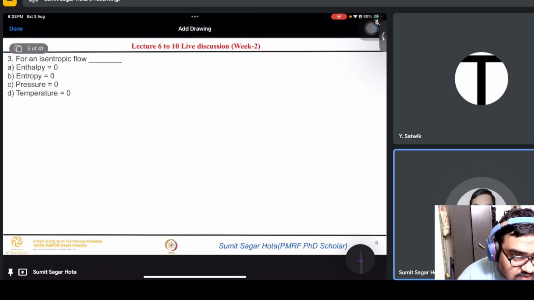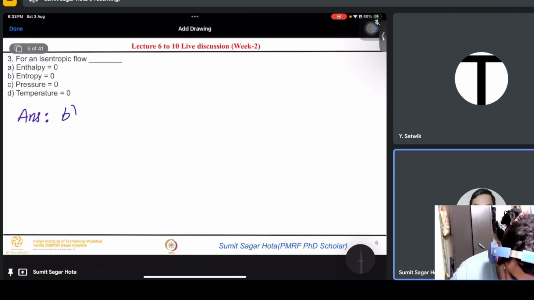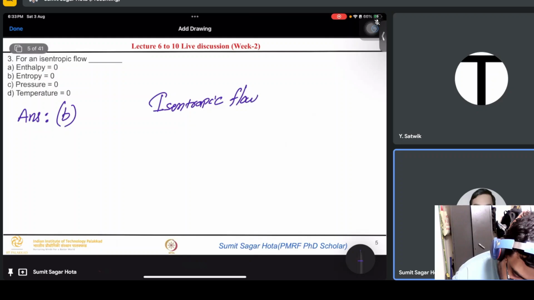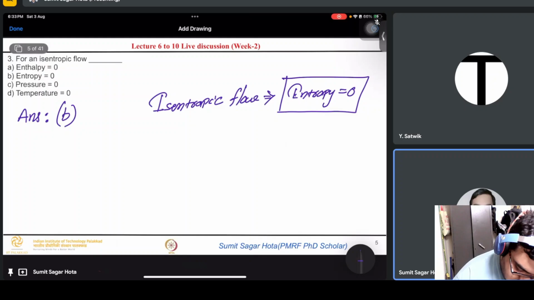So for the isentropic flow, which of the following is the correct one? Basically for isentropic, as the name suggests, entropy change equal to 0. We can tell directly from the name.